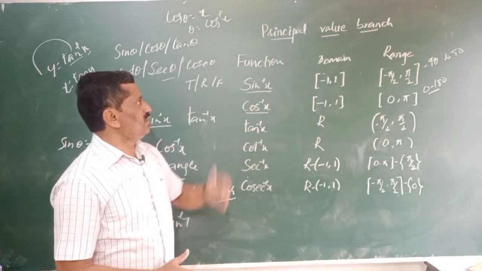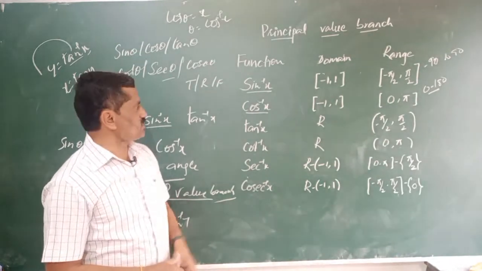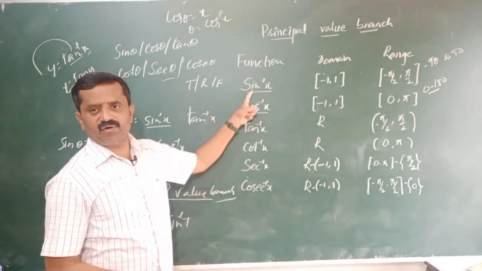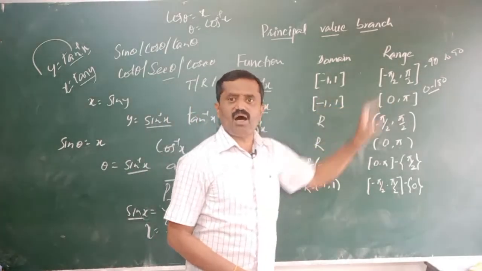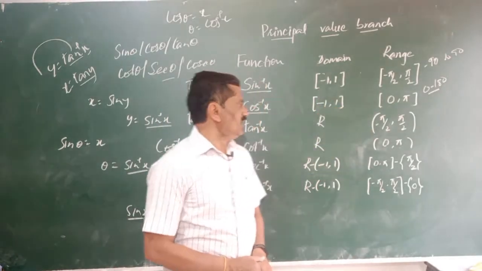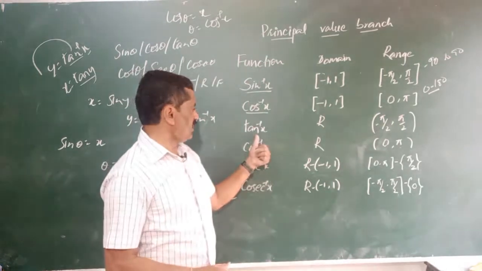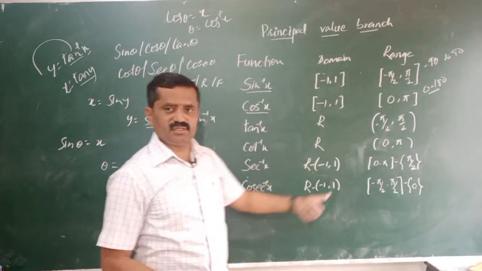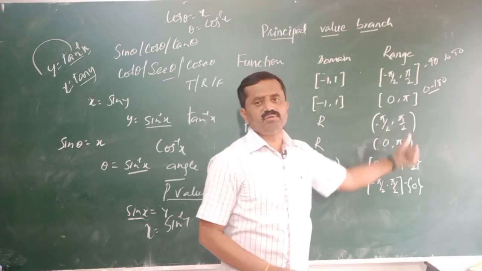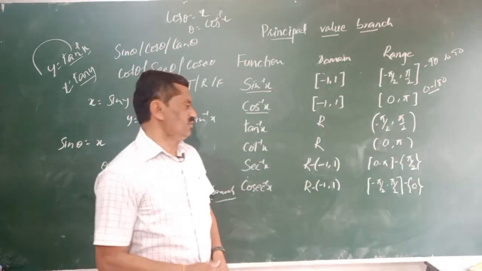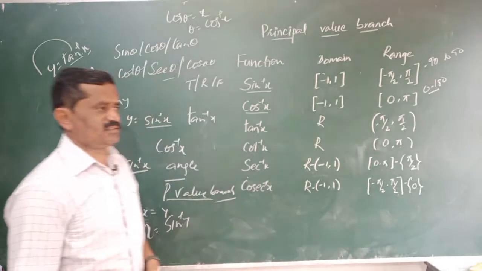For example, write the principal value branch of sin inverse x. You must write both the domain as well as range. Or you may ask, write the range of tan inverse of x, that is open interval minus pi by 2 to pi by 2. You should remember this.